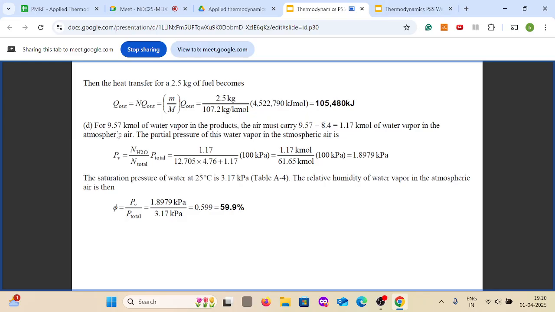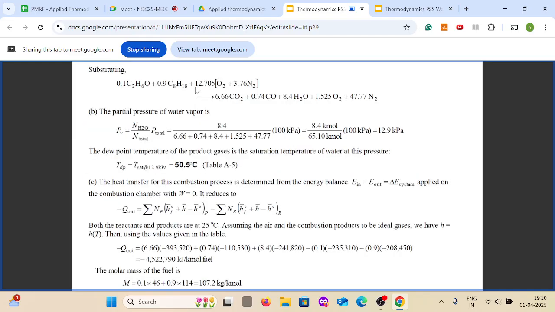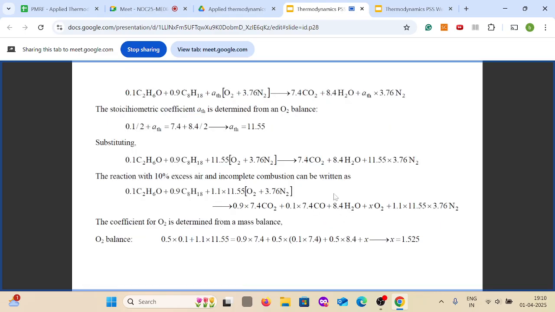Next, we need to find out the relative humidity when 9.57 kilomole of water vapor is there in the product. So we know from the balanced expression here that 8.4 moles of water has been formed. So the rest, the excess water, is what is present in the air.